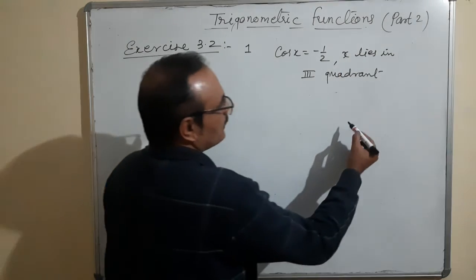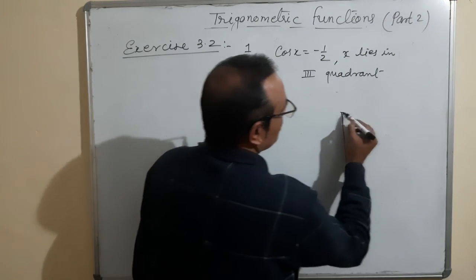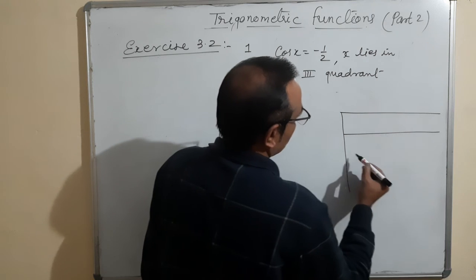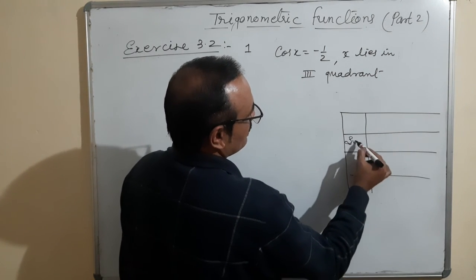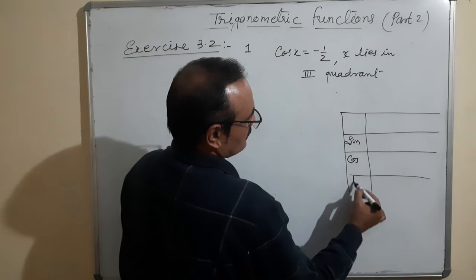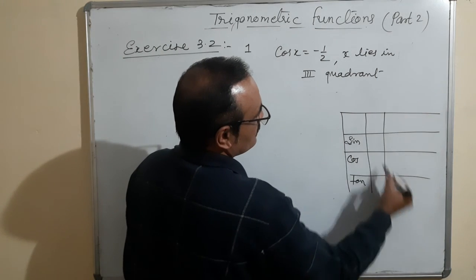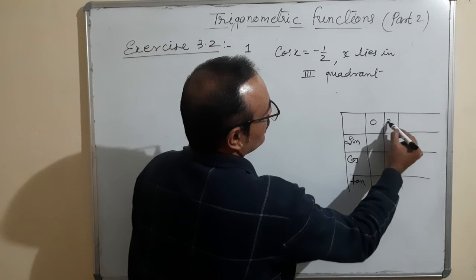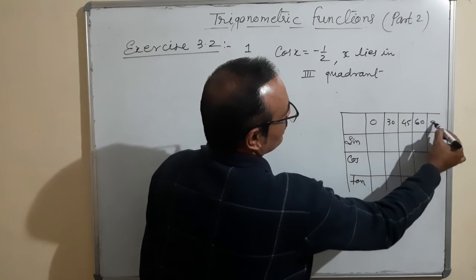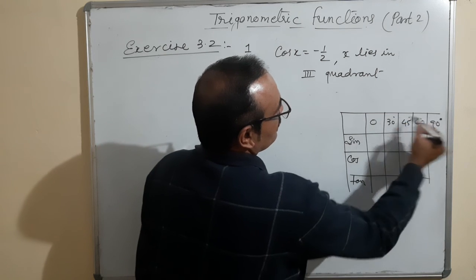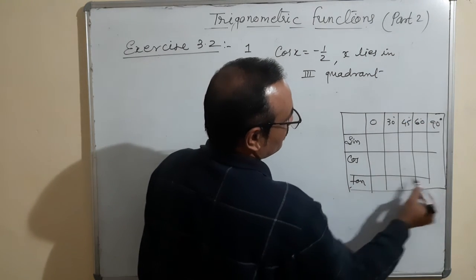The small trigonometric table, I think you are aware of that, which you have learned in class 10th. Once again, let me remind you. Sine, cos, tan at 0, 30, 45, 60 and 90, all in degrees.